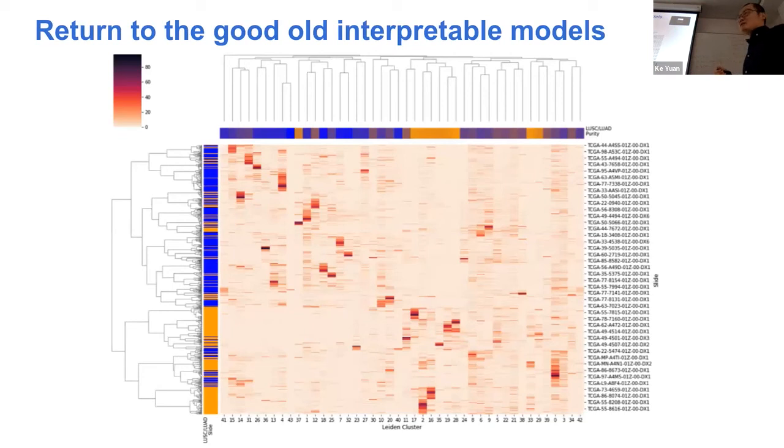Again, we check how those composition vectors are correlated with the question of the two cancer types. The rows represent different patients, and the columns represent all those different clusters.